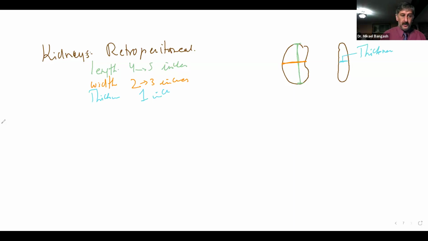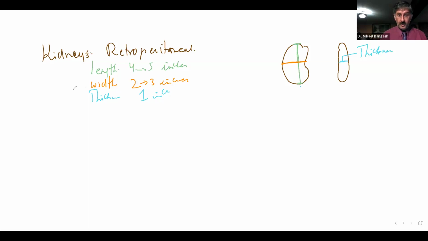So these are the normal measurements of a normal kidney. Its length, which is from top to bottom, is 4 to 5 inches.